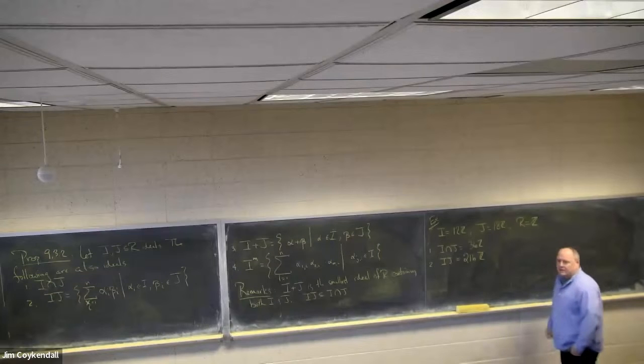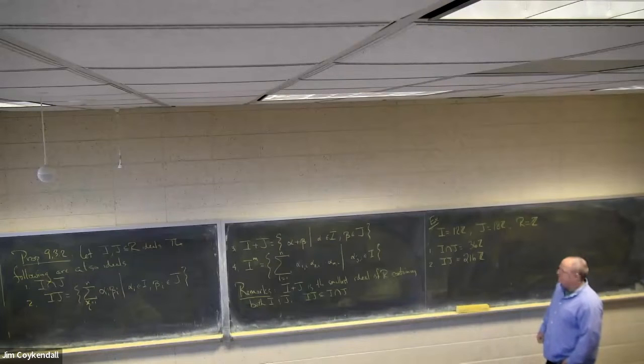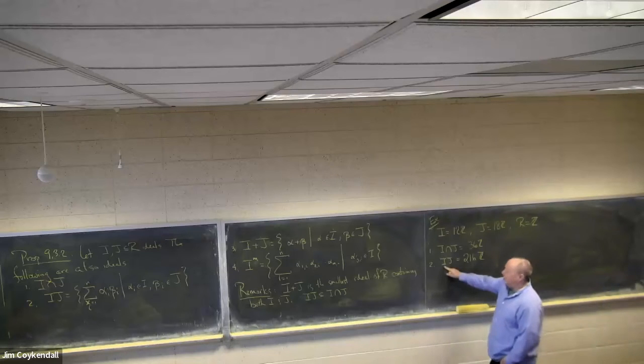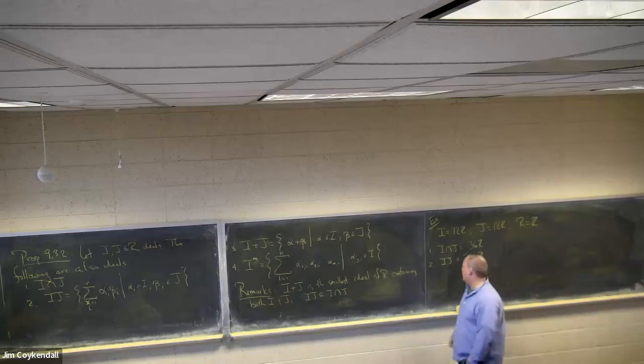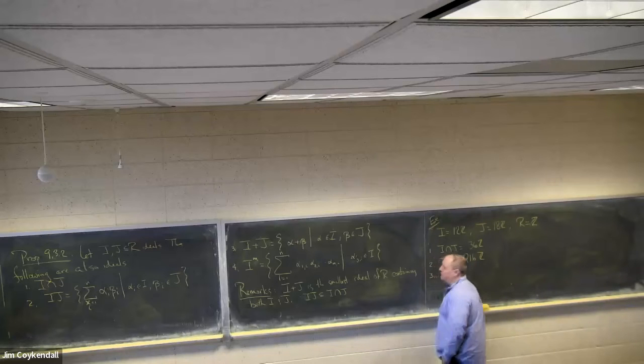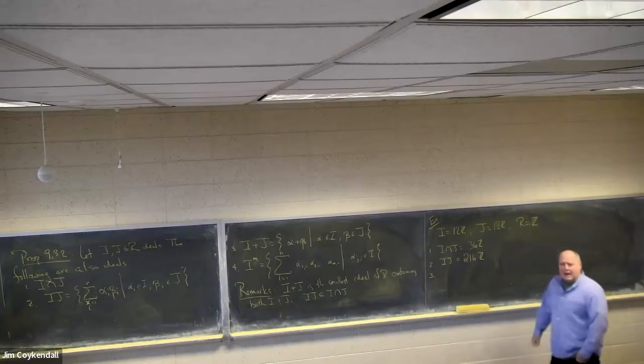Would it be just 12 times 18Z? That's right, because anything in here is of the form 12 times an integer times 18 times an integer, and then summed up. Actually, it turns out that everything can be written as a single product. You don't have to write the sums out for this particular example. That's actually rare.